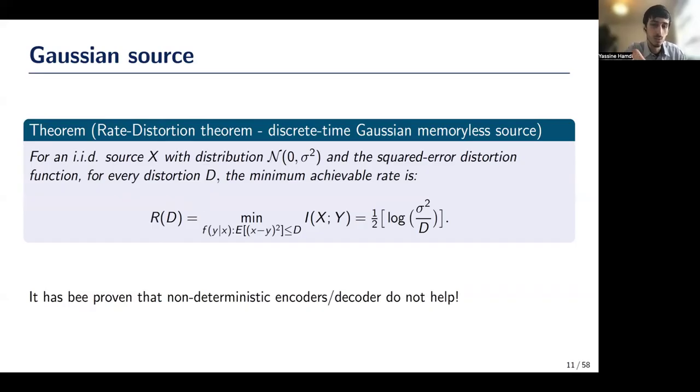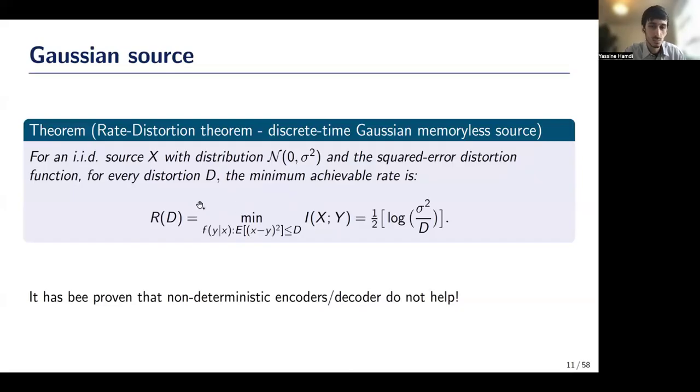If you have images on your computer, they have a JPEG or JPG extension. That's an algorithm that has been inspired by studying this problem, where we find that for a Gaussian distribution, there is a simple algorithm that gives you the optimal performance.